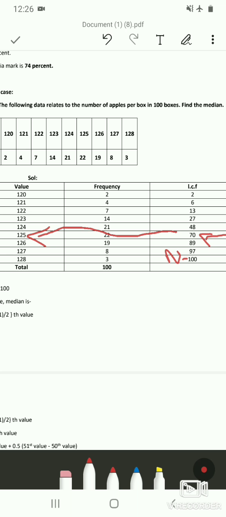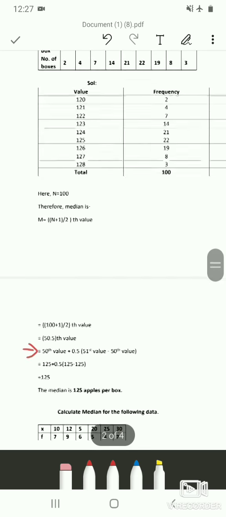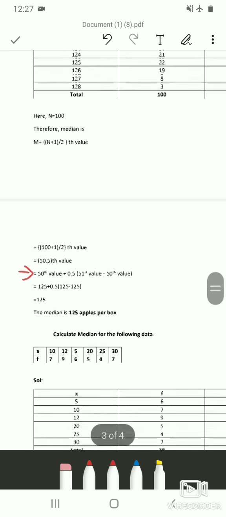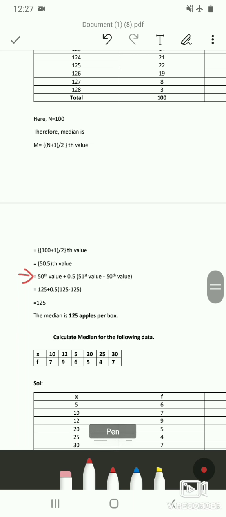So the 50th and 51st values are both 125. This is how you check the values in less than cumulative frequency: check for the value that is equal to or just greater than. So we got 125 plus 0.5 into 0. Therefore, the median value is 125.